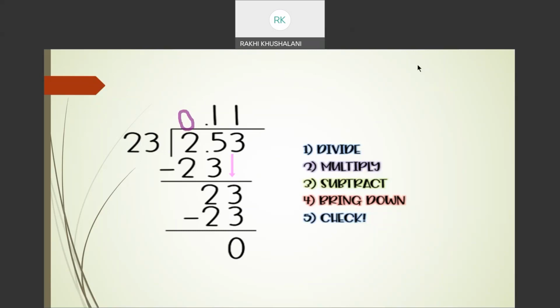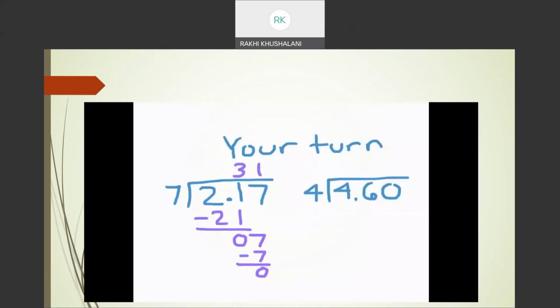Let's go to the next screen. It's your turn now. Pause your screen. I have done 2.17 divided by 7. And here you can see I got the answer as 0.31. Pause the screen for 2 minutes and divide 4.60 by 4. 4.60 is a decimal and the 4 is the whole number.